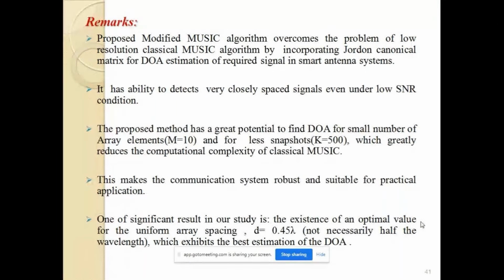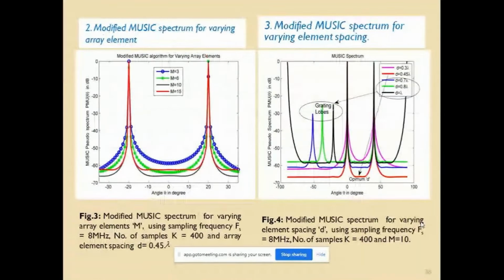We have demonstrated this in figure 3, where even when the number of antennas is very small, say 6, it gives almost the same result, and for N equal to 15 it gives a similar result. There is no huge difference in estimating the signal when antennas are 6 or 15. The signals are estimated in the same way. So this is an important aspect.